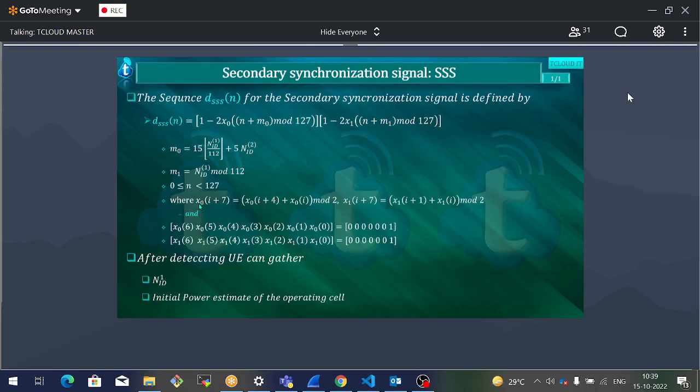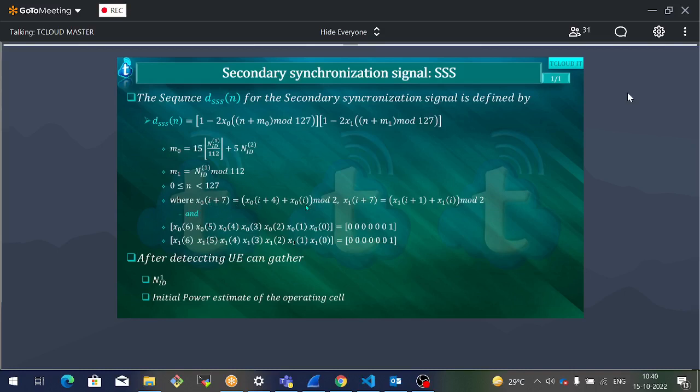The equations are defined here with the same concept. X0 of i plus 7 is defined like this, X1 of i plus 7 is defined this way. So you have two equations for calculating the X0, X1 sequences, and their initial positions are already identified. The first 7 positions are already valued at zeros and ones. If you want to calculate the X0 of the 7th element based on the M0 you are substituting, you define it as X0 of 0 plus 7.